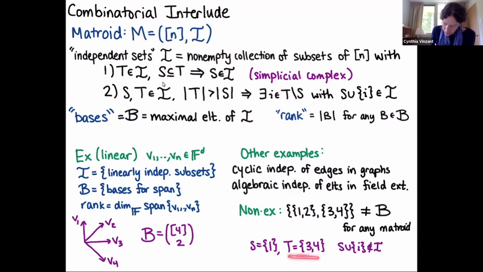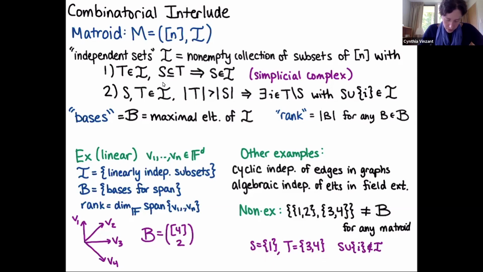And I would have {3, 4}. And the second axiom means that, since this one is bigger, I'd have to be able to take an element from the bigger one and add it to the smaller one to remain independent. But there's no way I can take one of these and add it to one to get something independent. So there's at least some non-example.